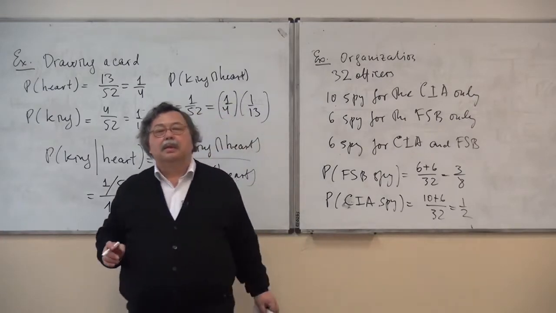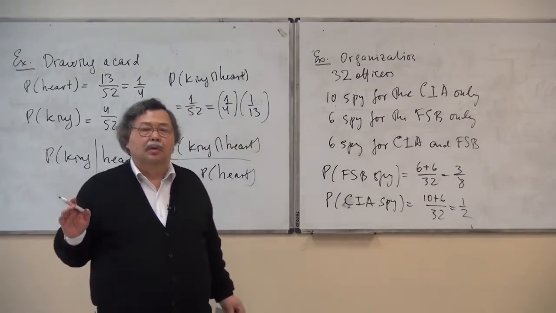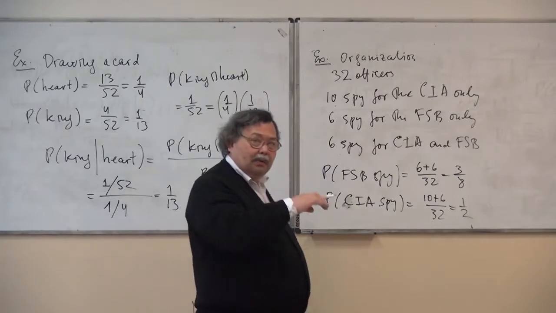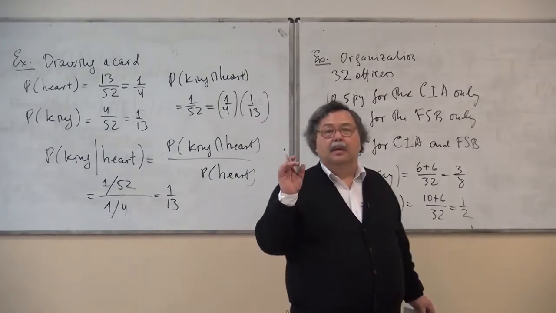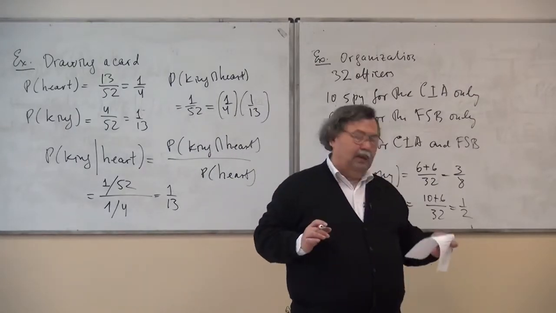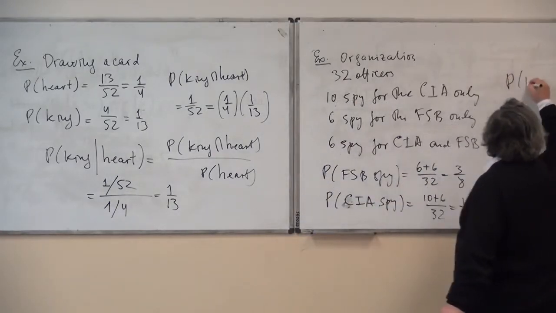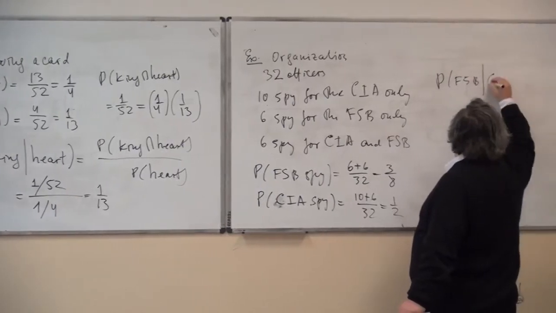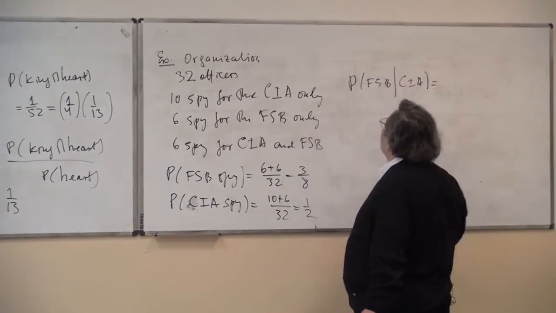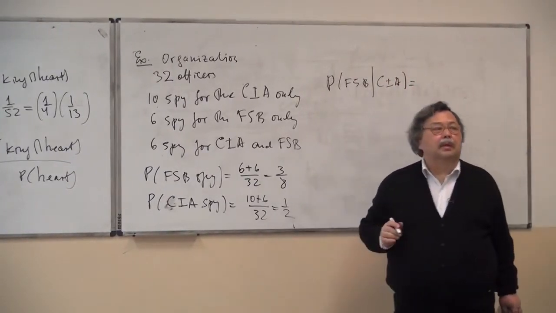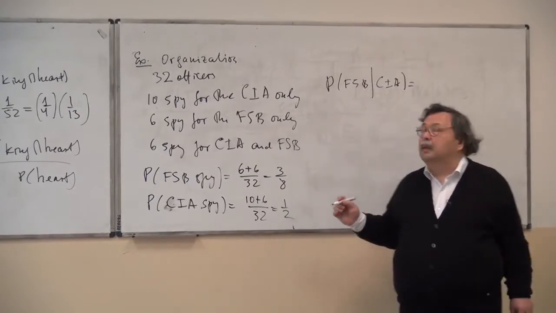What's the probability that this randomly chosen officer spies for the FSB, given that he or she spies for the CIA? Conditional probability. FSB given CIA. What's this conditional probability? We apply the formula.